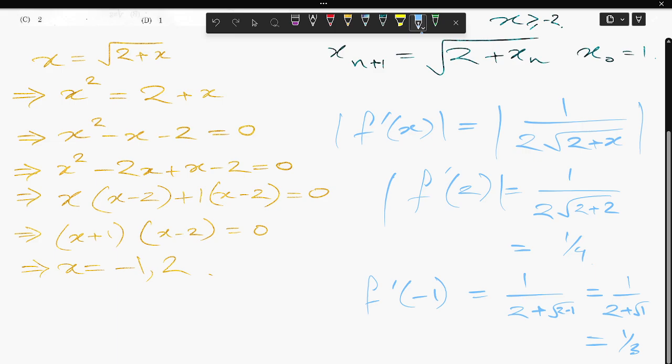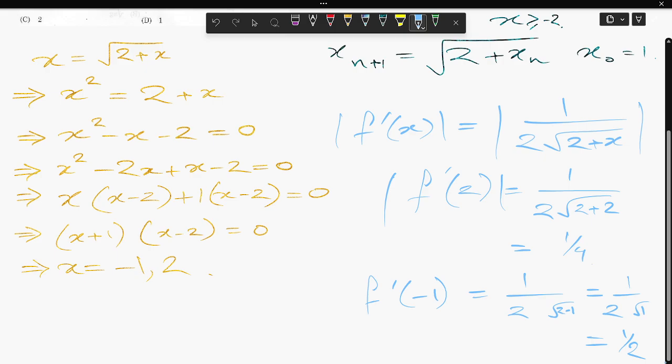Okay, so now we can tell that the modulus of f dash minus 1 is also less than 1.